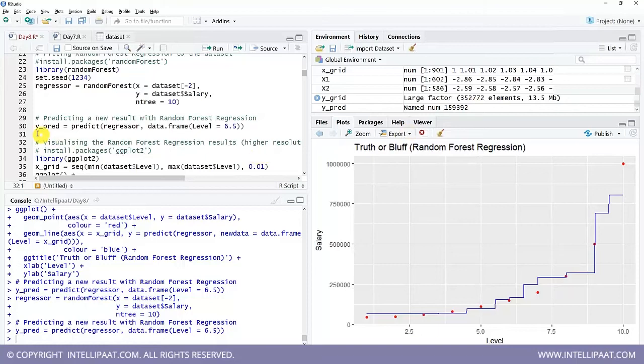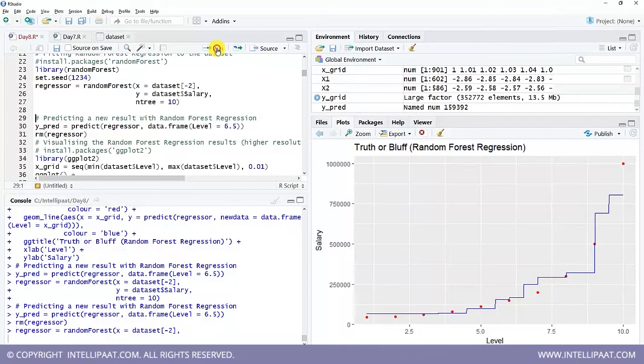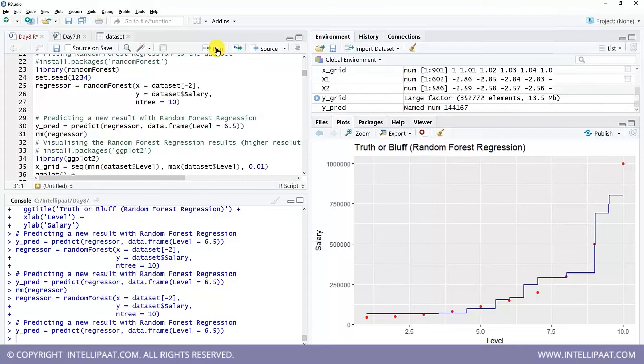And now again I execute the regressor and try to predict. So this is a lot different now. This is far low, and we were not happy with this prediction. So that is why we wanted to increase the number of trees.